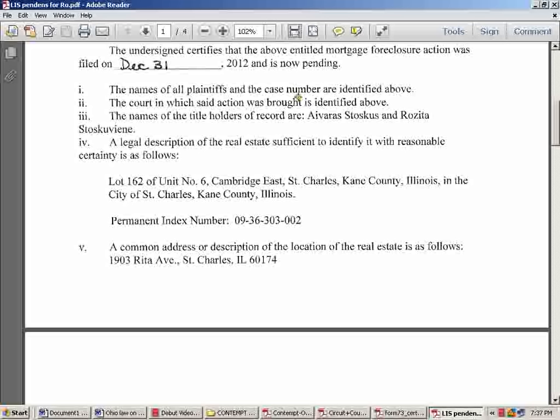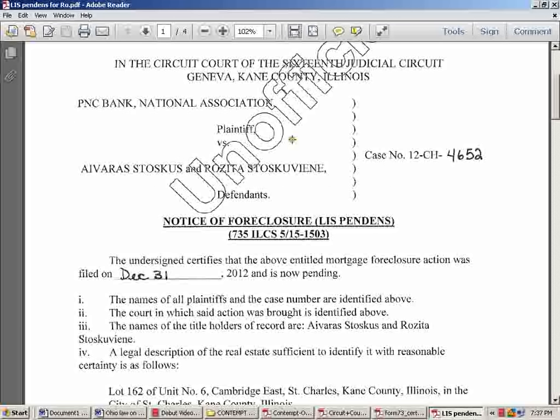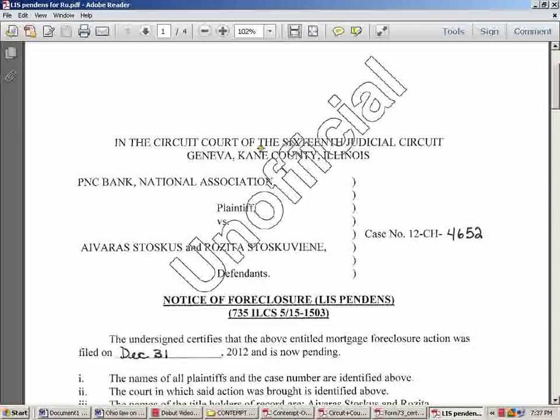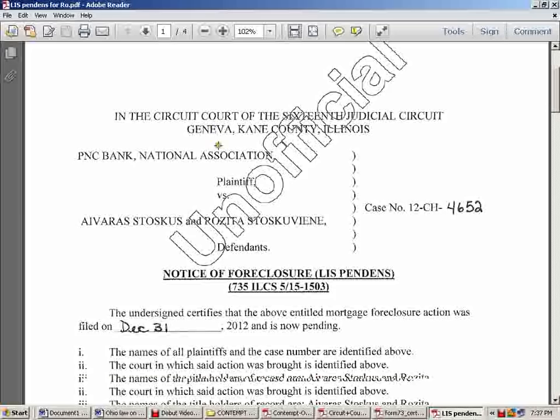Gives the names of the plaintiffs, the court in which the action is identified above. Okay, so this court here is where the suit should be found. In the Circuit Court of the 16th Judicial Circuit, Geneva, Kane County, Illinois. You take this lis pendens to that court administrator and say, I would like to see the suit that this is referencing.